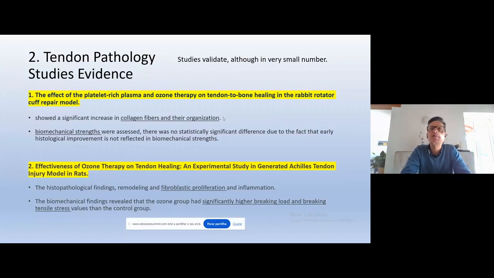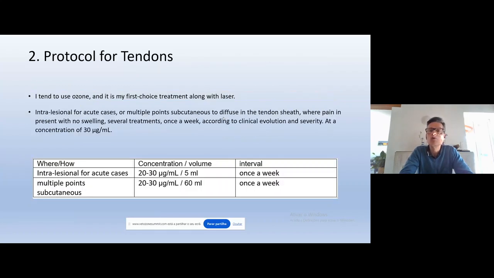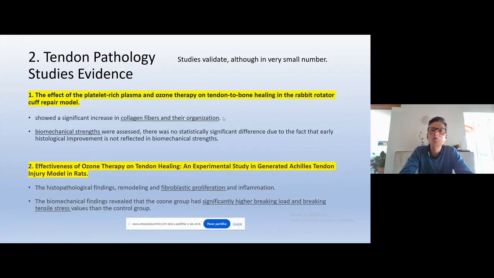In terms of tendon pathology, there are very few studies. I chose two of the studies that I think are most interesting. These studies were done with rats and rabbits. Nevertheless, they are really good. In the first study, they used a control group, an ozone group, and an ozone PRP group.